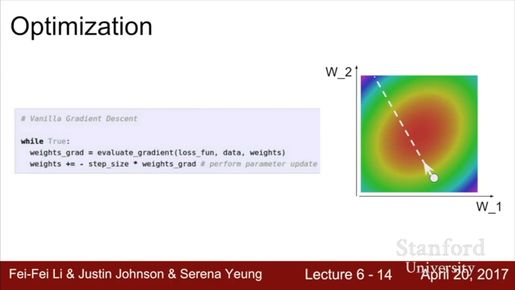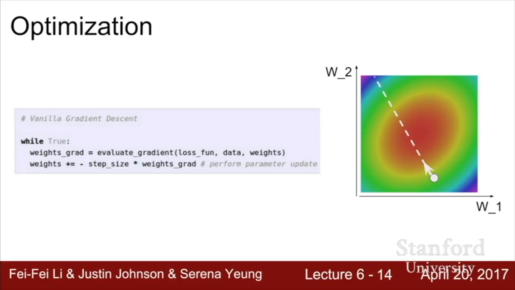So in this cartoon picture of a two-dimensional problem, we're only optimizing over these two values, W1, W2, and the goal is to find the most red region, which corresponds to the setting of the weights with the lowest loss. And remember, we've been working so far with this extremely simple optimization algorithm, stochastic gradient descent. It's super simple, it's 3 lines.